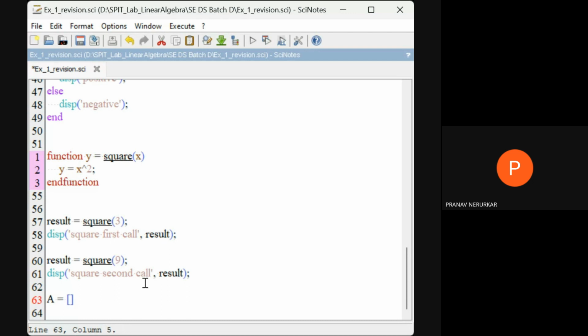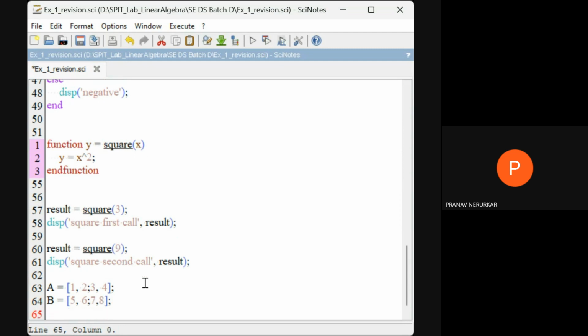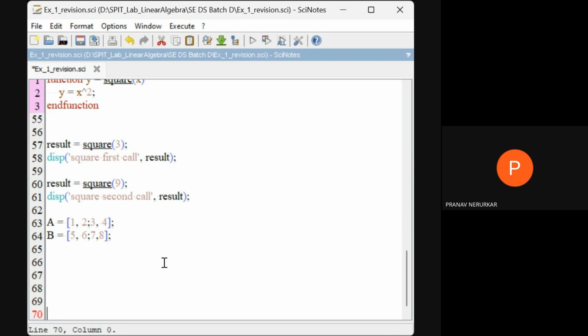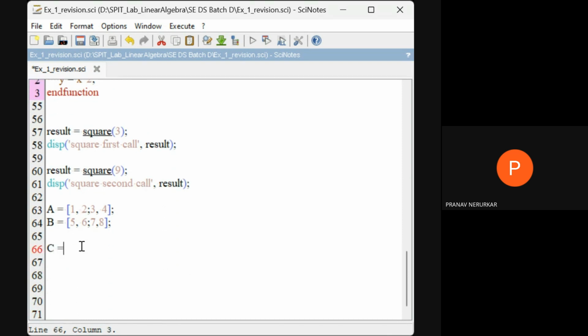Then we can have matrices. 5, 6, 7, 8. Addition and subtraction.